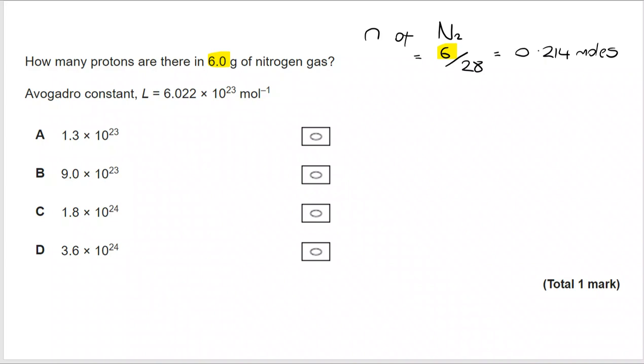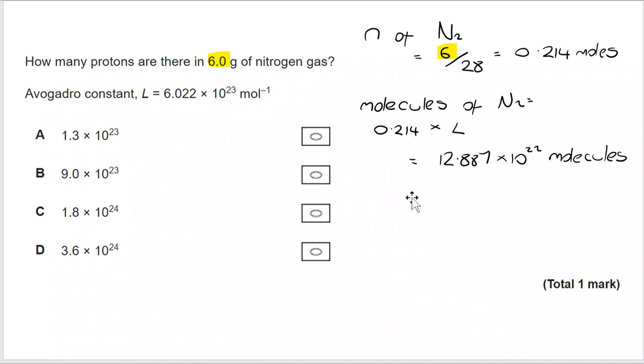Now, from there, I can find the molecules of nitrogen. So N2, that's going to be 0.214 moles multiplied by Avogadro's number, 6.022 by 10 to the power of 23. And that is going to take me to 12.887 by 10 to the power of 22 molecules of N2.